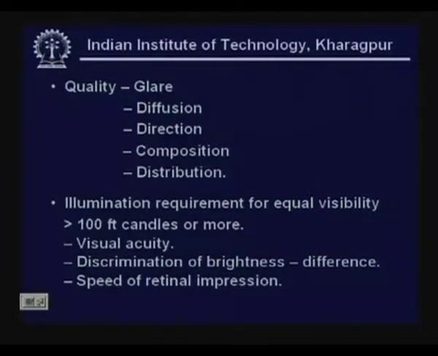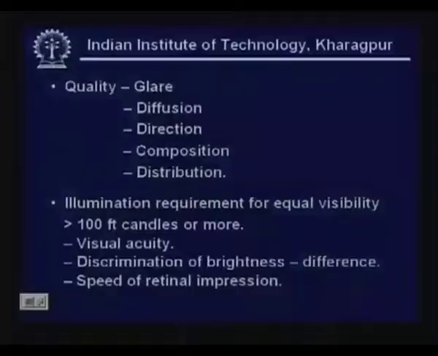Discrimination: visual acuity, we said, is the ability of our eyes to perceive things in the given situation, depending on the external physical conditions, illumination available and the requirement of observation. Discrimination of brightness difference, that is, one should be able to distinguish between two different objects, one may be bright, the other could be not so bright.